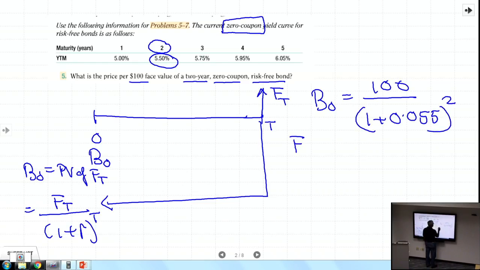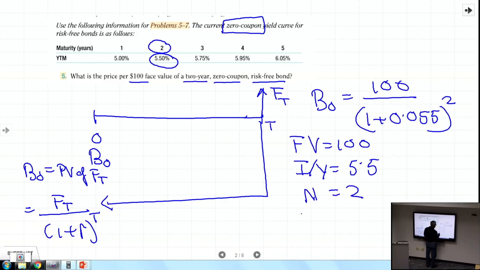Another way we could have solved this is we make 100 our future value, IY is our yield, 5.5% per year, and we have 2 periods, N. We compute present value.